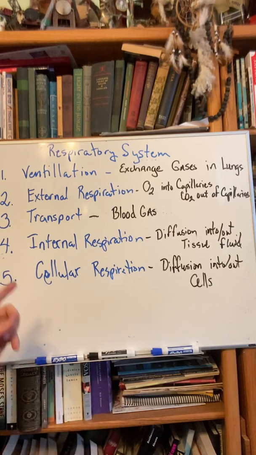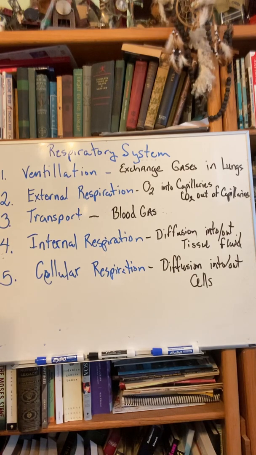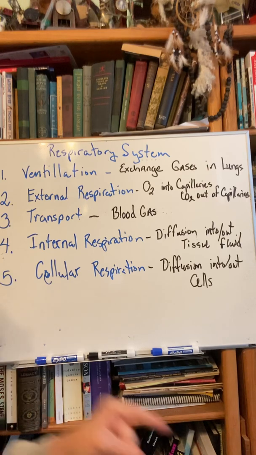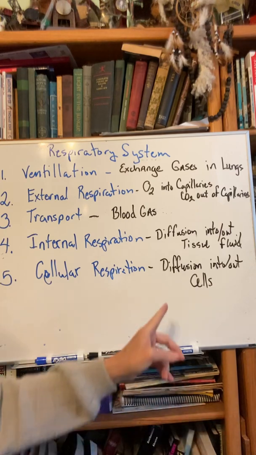Internal respiration is the movement of the blood gases. The oxygen-rich blood enters into the capillaries and releases its oxygen. Why? Because you have a higher concentration of oxygen in the blood than you do in the tissue fluid. Simple diffusion. It's released from the hemoglobin that's carrying it, and it moves into the tissue fluid. And from there, where does it go?